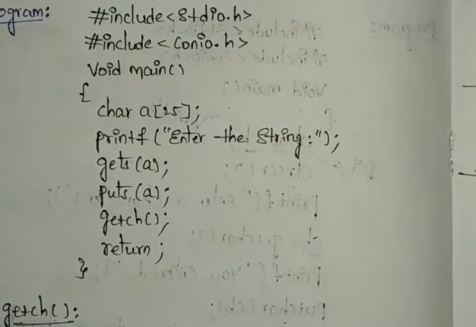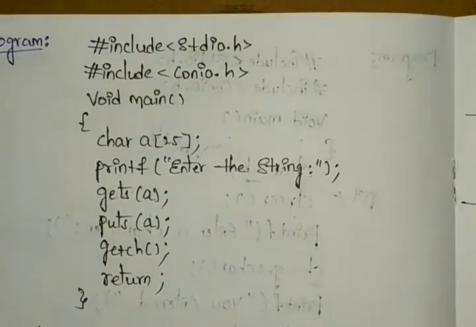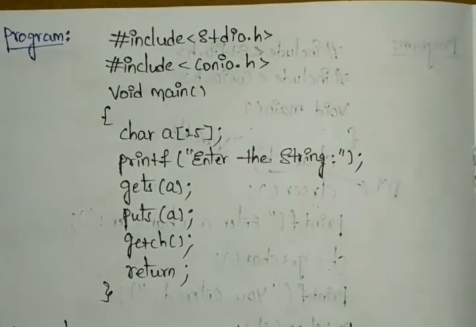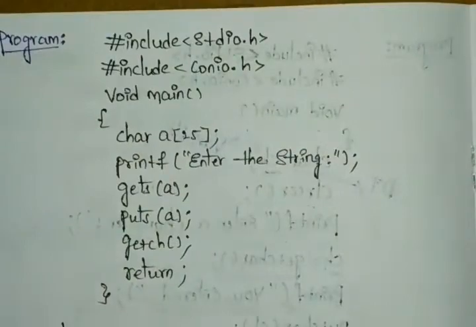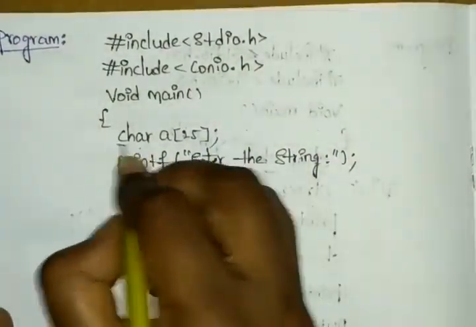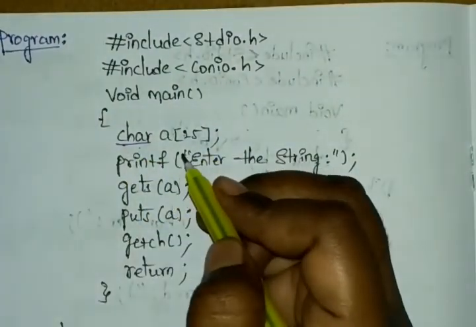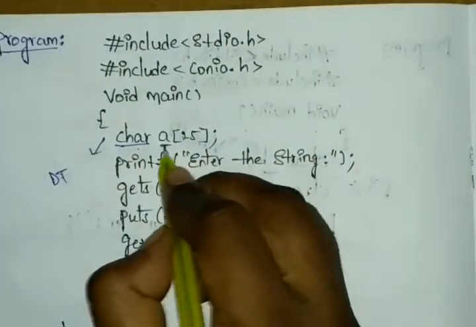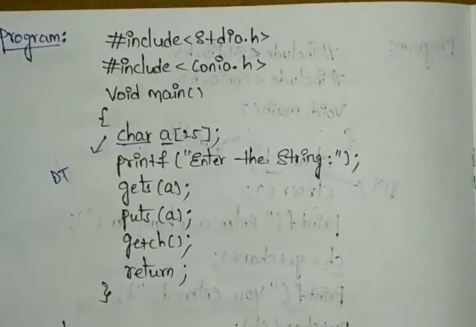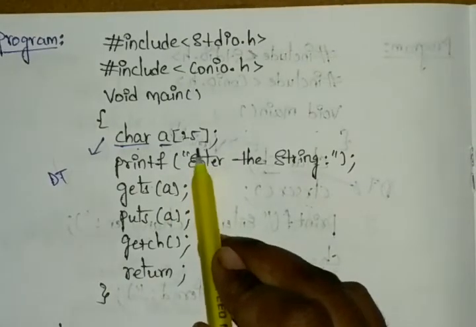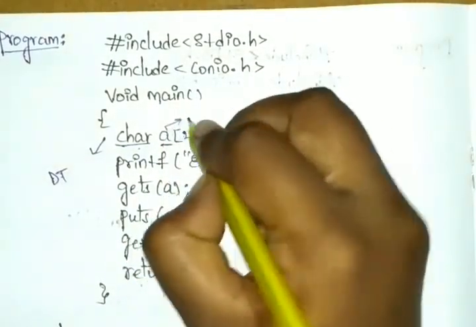Okay, let's see here. So we have the program with hash includes. These are similar in all programs. In the main method you can see I wrote char, so this is our data type, and c is our variable, but here we gave an array variable.